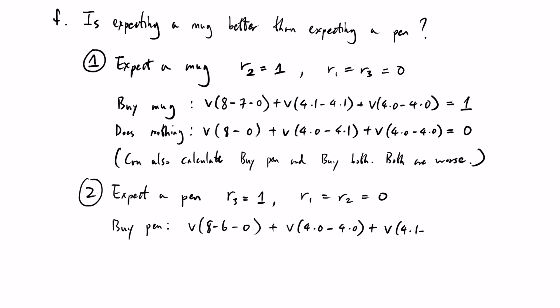He's getting a pen that he is expected to get, and that would be 2. Does nothing in this case is going to be 0 again.